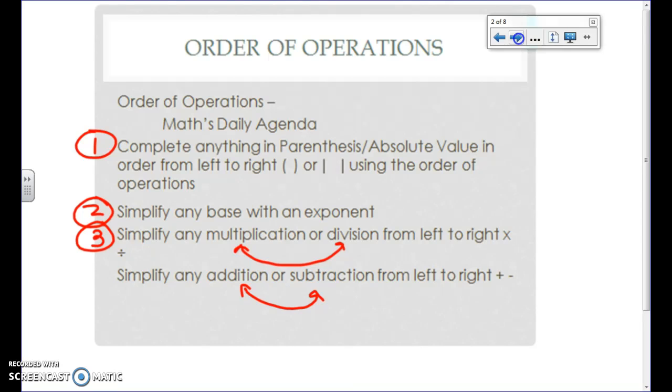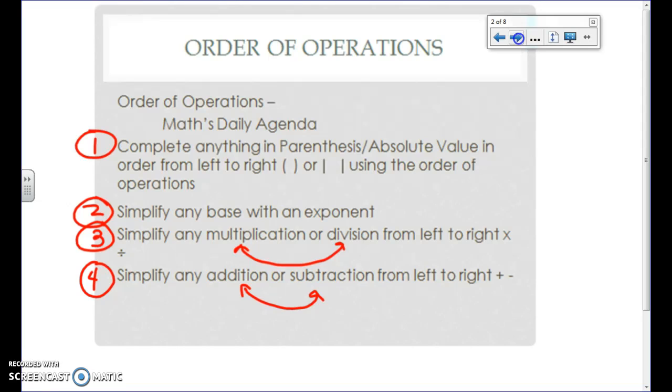Any division or multiplication, that's what you do next. And then number 4, addition and subtraction. Okay. Anything again you see from left to right that is addition or subtraction, you simplify that as you go from left to right.